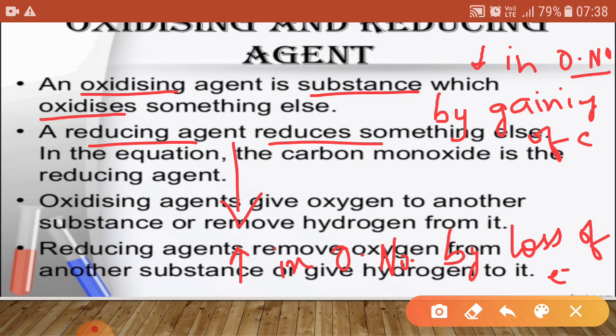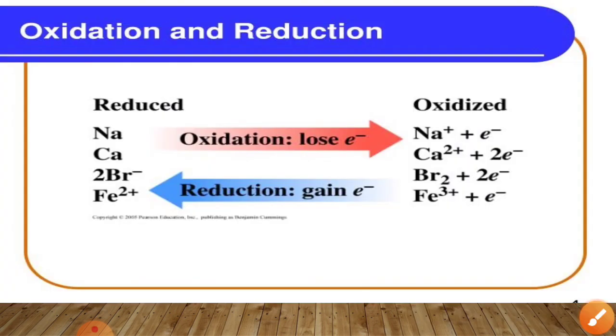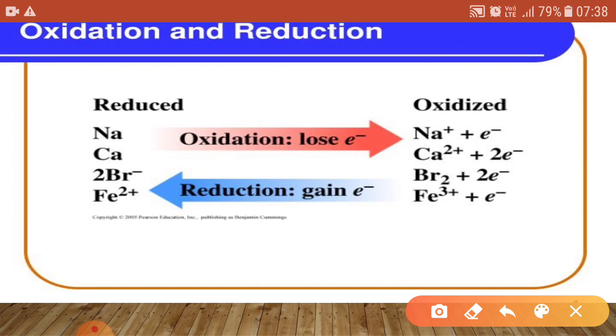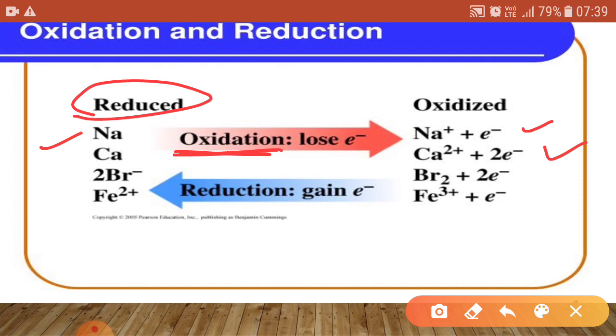So we can summarize this also like this. Here in the sodium and the calcium, there is a loss of electron, and oxidation is going on. So basically, if there is an oxidation, then these will get reduced. Similarly, in the bromine and the iron, they gain electron.